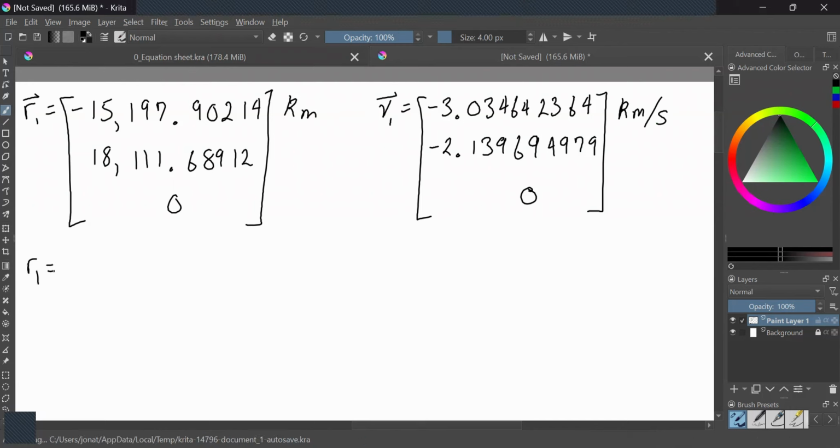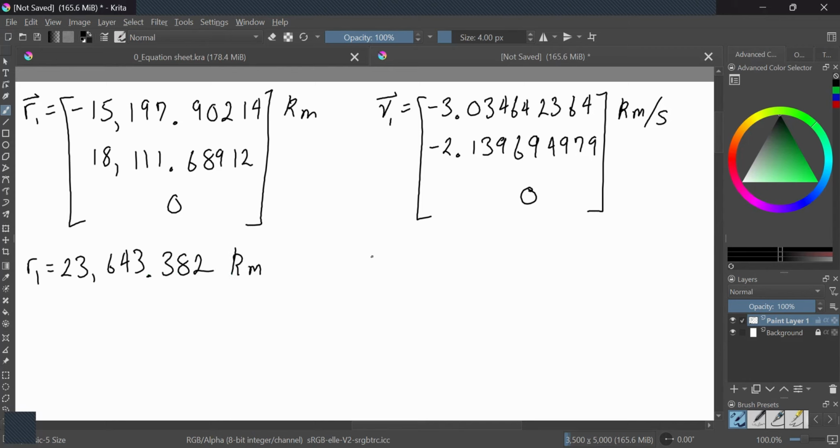Using Pythagoras, we can find a radius. Sorry, not a radius, a distance, which is going to be 23,643.382 kilometers, and similarly for velocity of 3.7131319.5 kilometers per second.